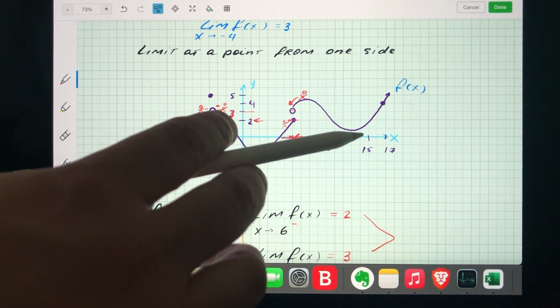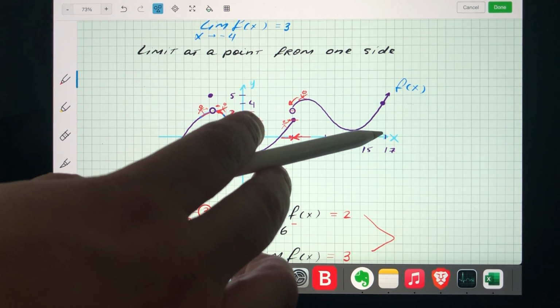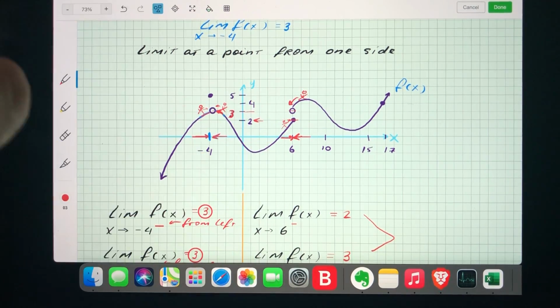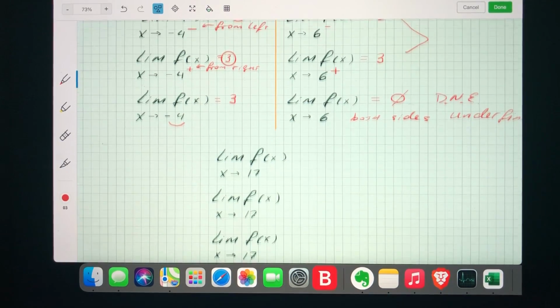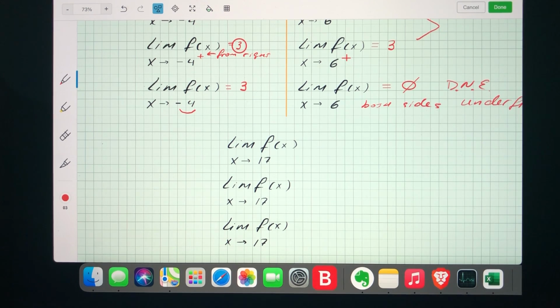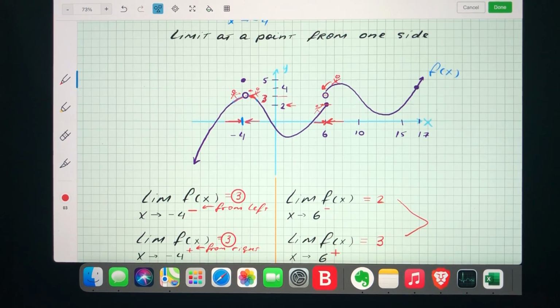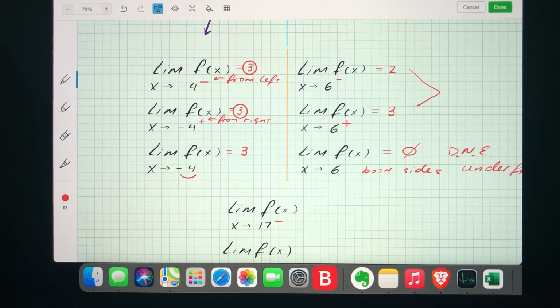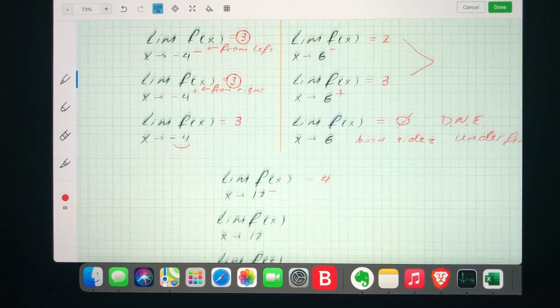And the last point of interest is 17, as we approach 17 from the left and from the right side. So here is 17. As we go into it from the left side, we will be getting really close to this height, which happens to be equal to 4 here all the way through. That's a 4. So at 17 we equal 4 from the left side.